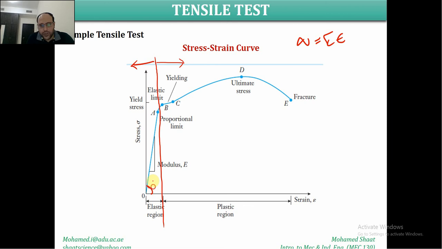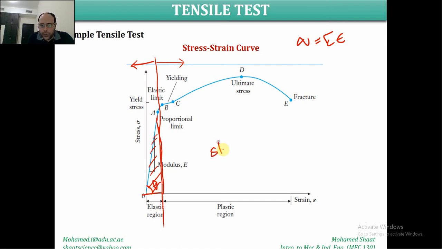Since this is a linear function, the slope of this line is going to be the tangent of this angle theta. For example, we can draw a triangle within this region. If I ask you to calculate the tangent of this angle theta, it will be the opposite divided by the adjacent side of this triangle, right?